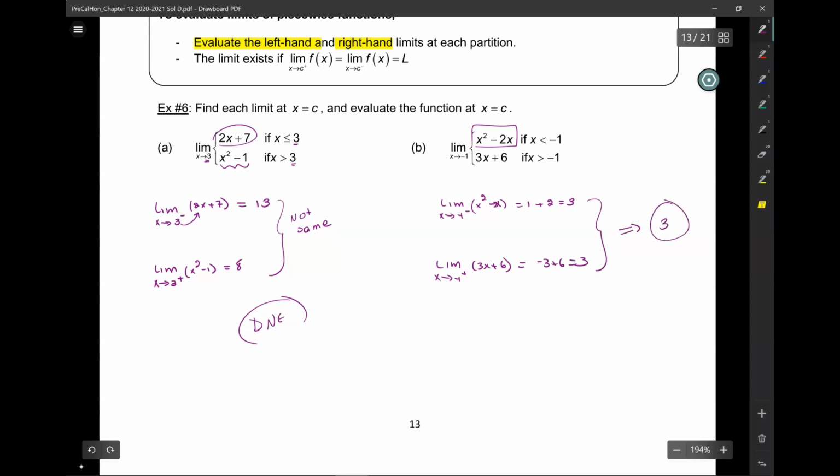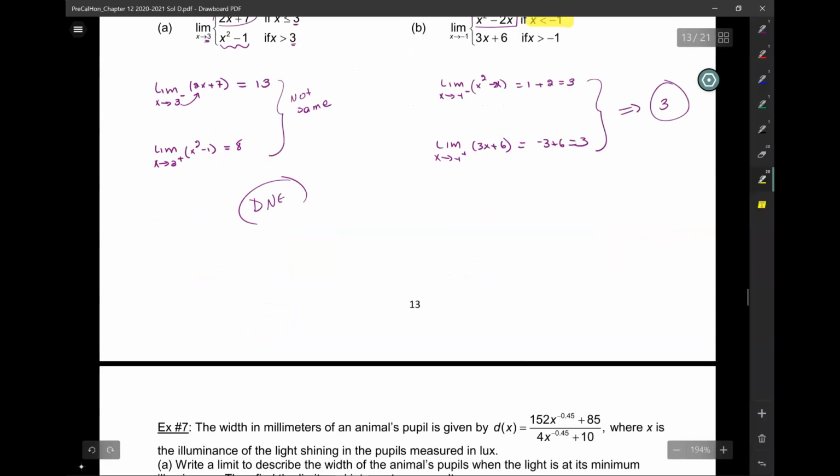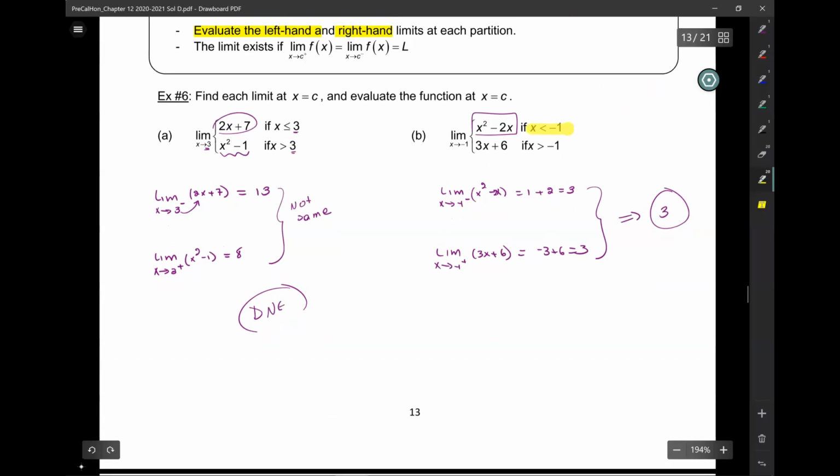Is it always that the negative side is the one on top? It might be switched. Because this is x less than negative 1, that's to the left. Here it's asking for the limit as x approaches negative 1.